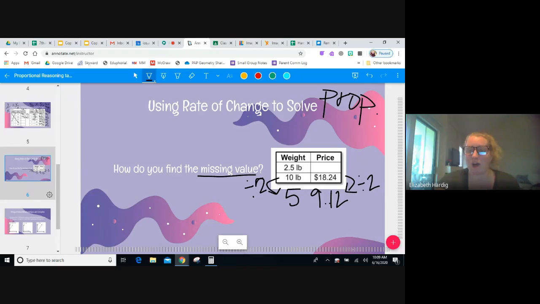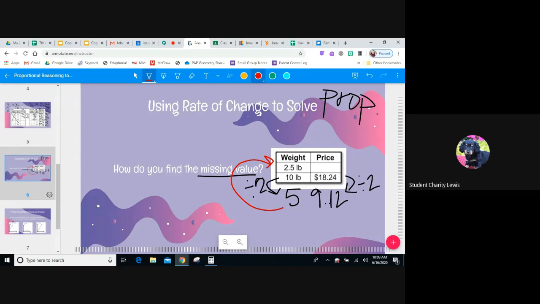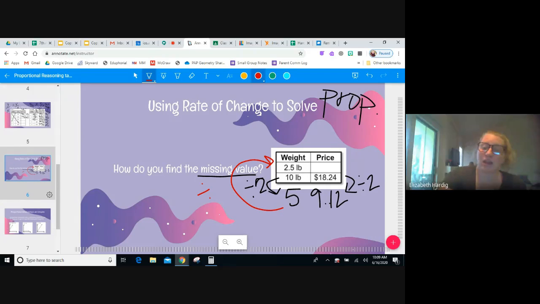And if I know what 5 pounds costs, can I go back to 2.5 pounds? Yes. How can I do that? Divide. Divide by 2. I can divide 5 by 2 to get to 2.5, which means I would divide 9.12 by 2 to find my missing price.